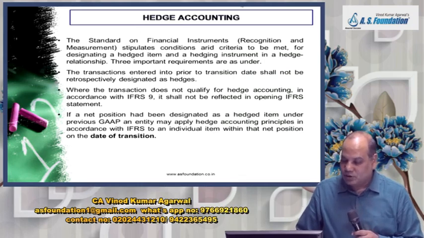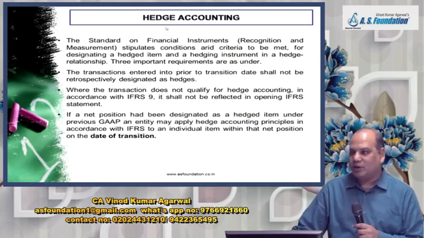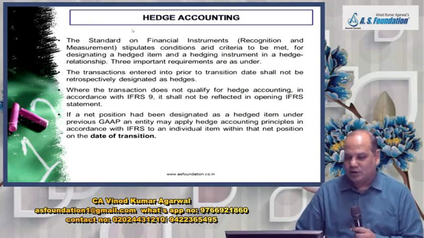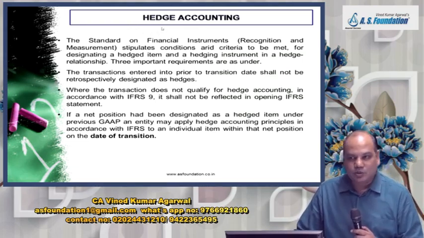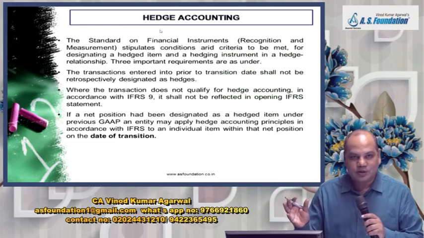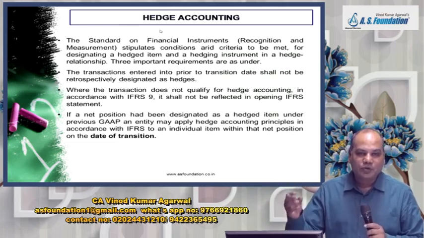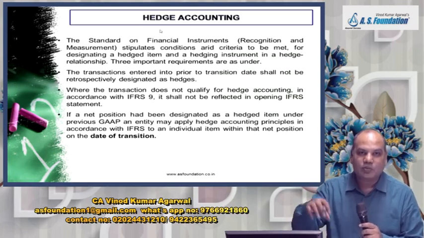Now hedge accounting is a complicated set of accounting rules. It means you have an underlying asset, liability, firm commitment, forecasted transaction which you want to hedge, and for that you have to designate some derivative product as hedging instrument, and then a special set of hedge accounting is applied where you deviate from normal accounting rule.